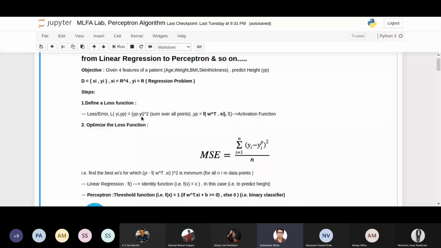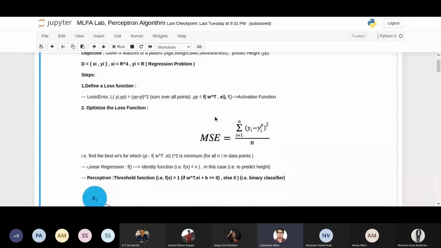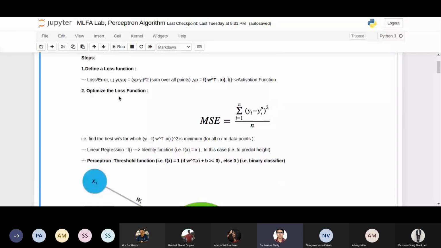So yi is the actual height, yp is the predicted height, and you have to sum over all inputs. yp will pass through an activation function, which is f(x) here, so yp equals f of w transpose xi plus b, and f is the activation function. Then you have to optimize this loss function, which is the summation over yi minus yp whole squared divided by n, where n is the number of data points.